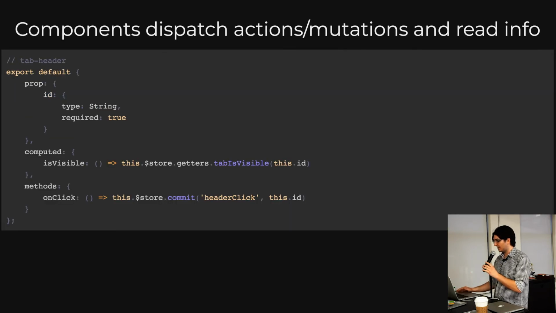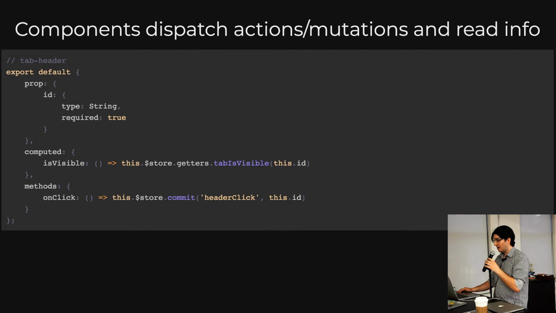If we have this as an example, this is the tab header itself. In this case we're using the Vuex store's getters to check if the tab is visible, and we're using commit to dispatch a mutation into the Vuex store. Each of the individual components is passed the context it needs in order to get the information out of the store for its specific instance.